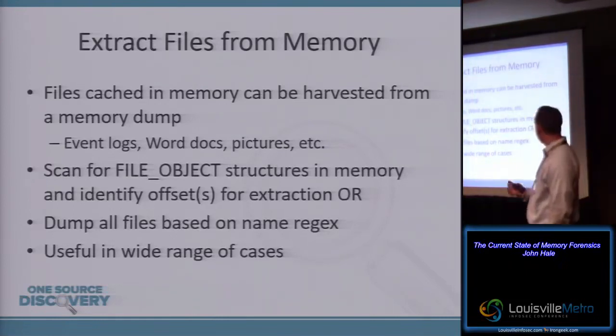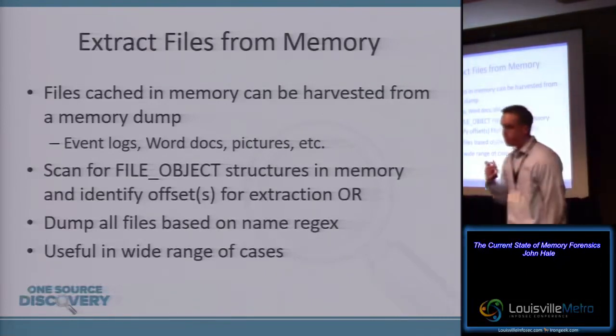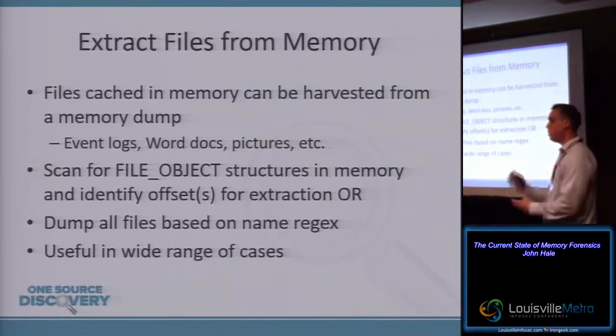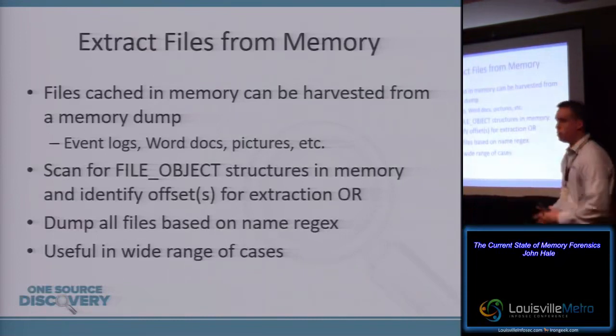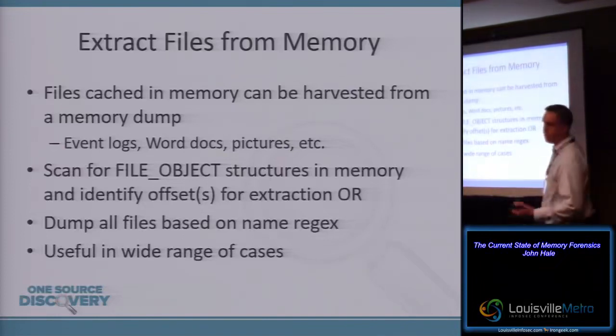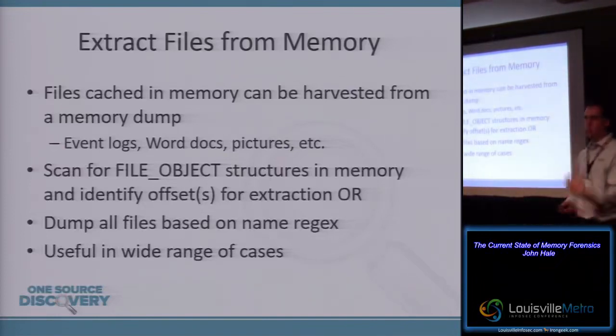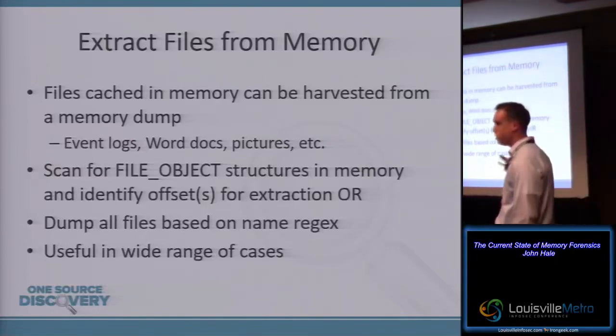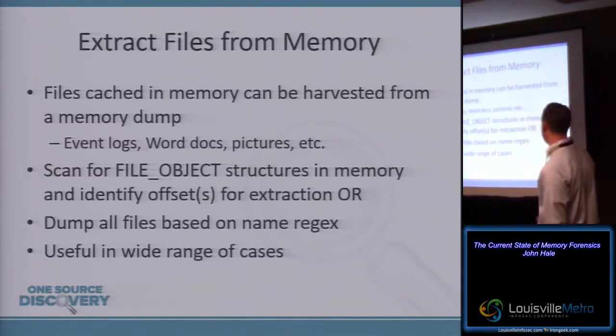When we go to do this, we're essentially scanning the memory for file objects and noting either their offset into the memory dump or we're dumping them based on a regular expression. So maybe we want to dump all files that end in EVTX to get event logs, or all files that end in TXT or something like that. There are various use cases here, and that's one of the reasons I wanted to go over it, because even if you don't deal a lot in malware investigations, this can be important.